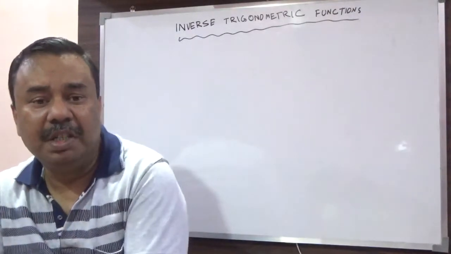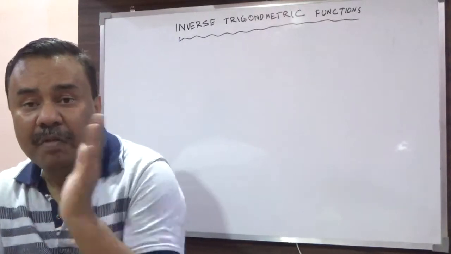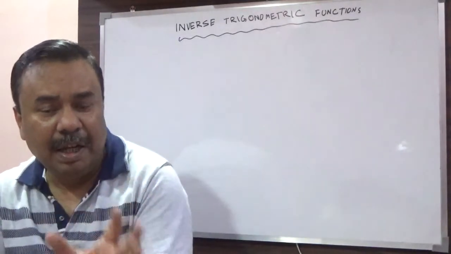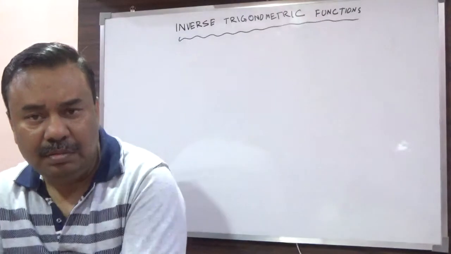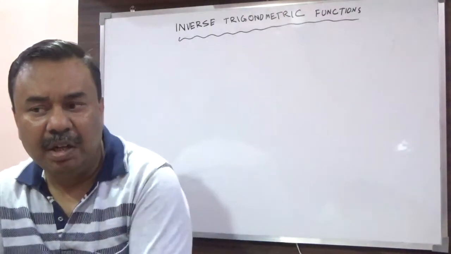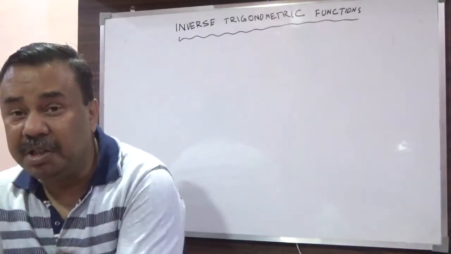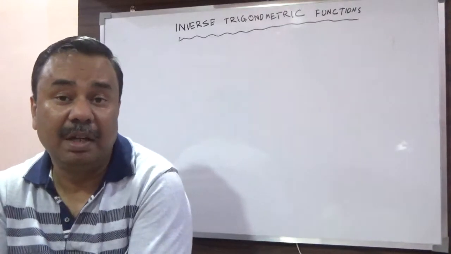In all cases you have studied, but those were direct trigonometric functions, when x was the independent variable and y was dependent on x, and we were directly finding the different trigonometric ratios for the given angles.